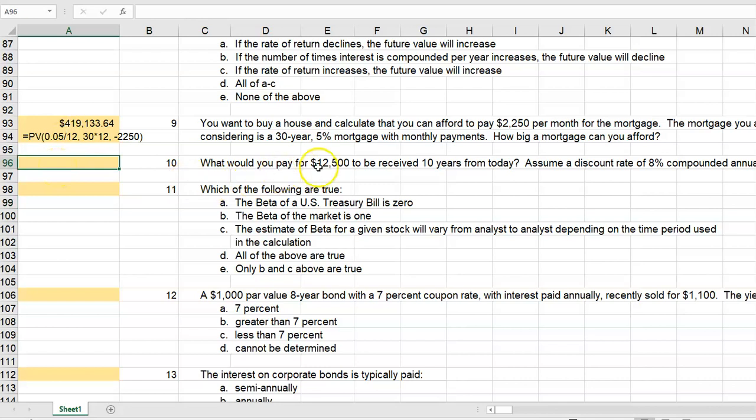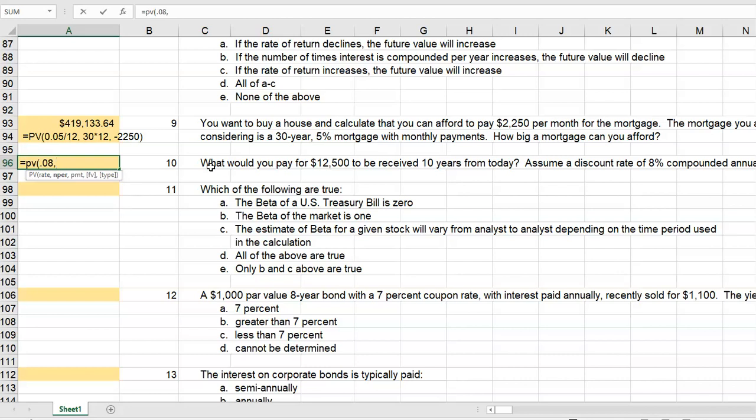What would you pay for $12,500 to receive 10 years from today? What would you pay? That means, what would I pay now? That's a present value. Now, I'm going to come back probably and put a negative sign in here because I would pay it out, but we'll do it without the negative sign first. Discount rate 0.08.